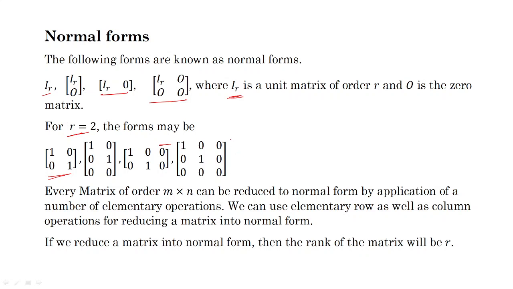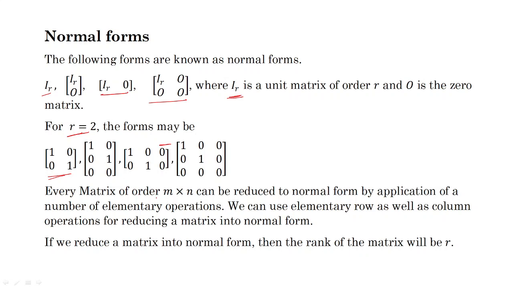It may be possible that there are two rows here and more than one column, but all entries except this part are 0. Each of these blocks is a 0 matrix.